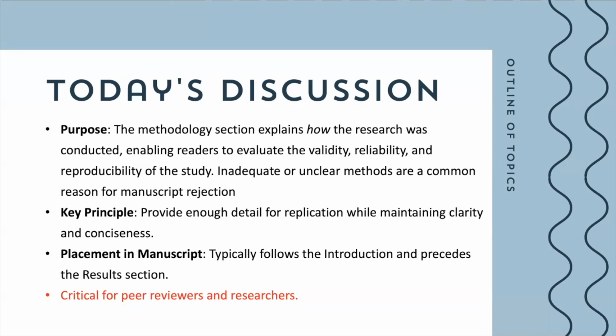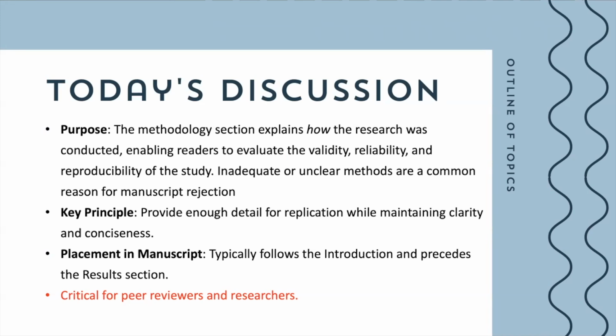Now, if you've ever read a research article, you know that the methods section is where the magic happens. It's where you lay out how you conducted your study, the who, what, why, and how. Think of it as your roadmap for readers, guiding them through your research process. A well-crafted methods section not only showcases the rigor of your work, but also allows other researchers to replicate your study, which is vital for scientific progress.